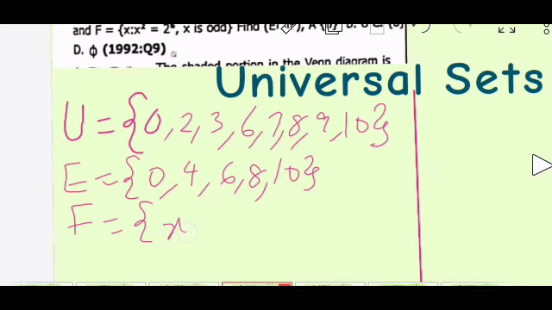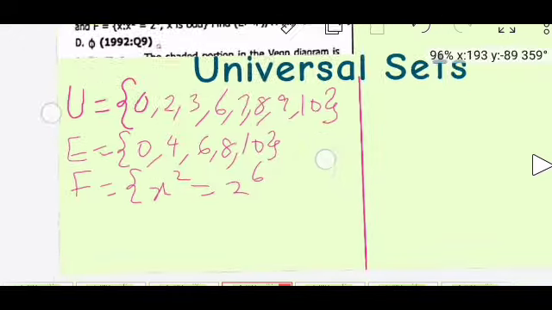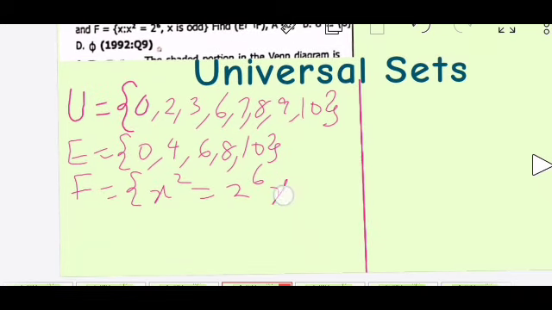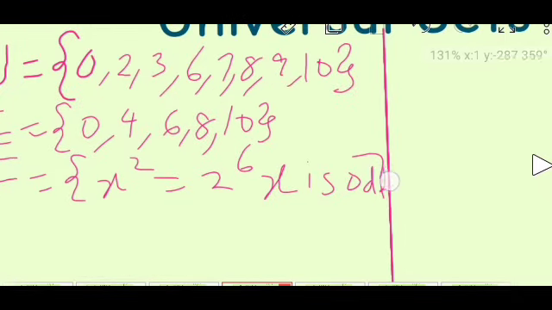So if we are solving it and we don't get odd values for x, that means we are wrong about the elements of F.